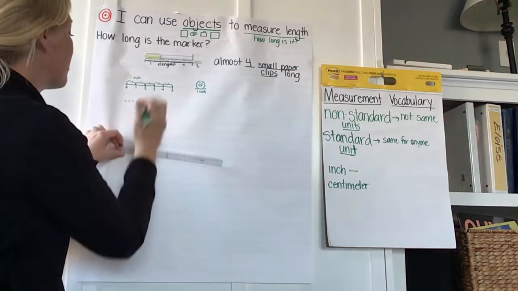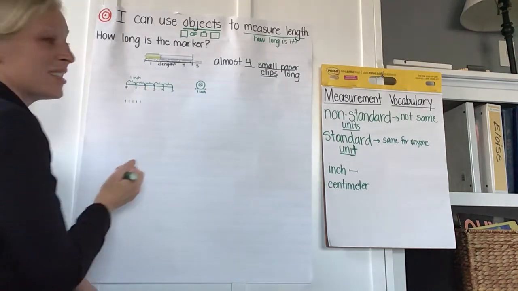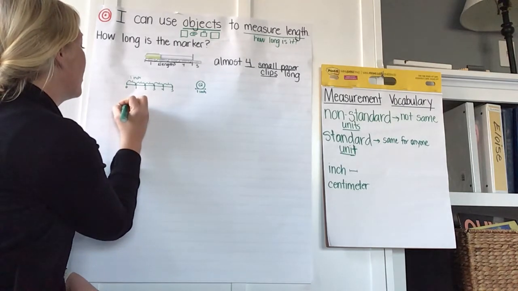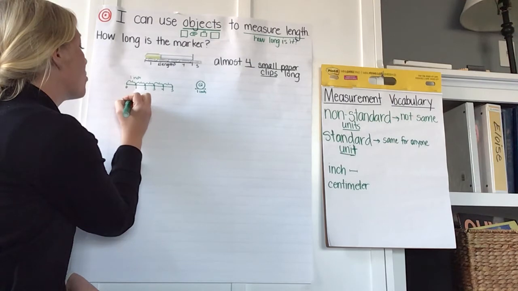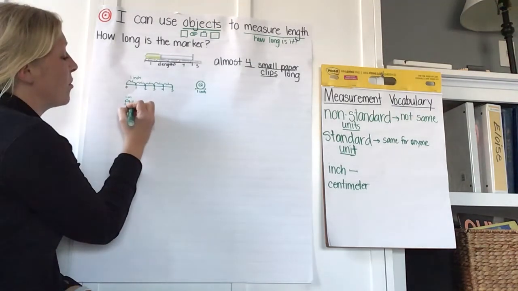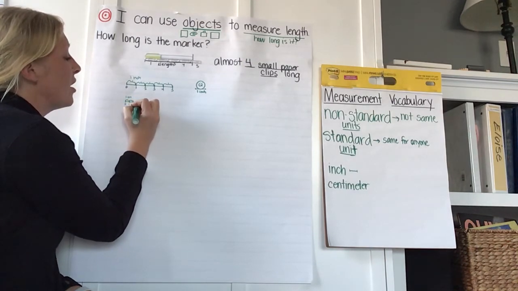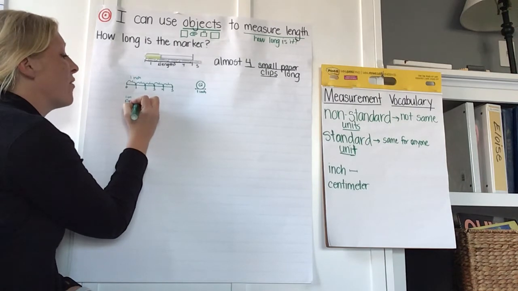So I'm going to tape some of my centimeters here from my ruler. I want you to see how much smaller they are. Look at that. The space between that 0 and that 1, that's 1 centimeter. If I did a space between my 1 and my 2, there's another one. Between my 2 and my 3, and my 3 and my 4.